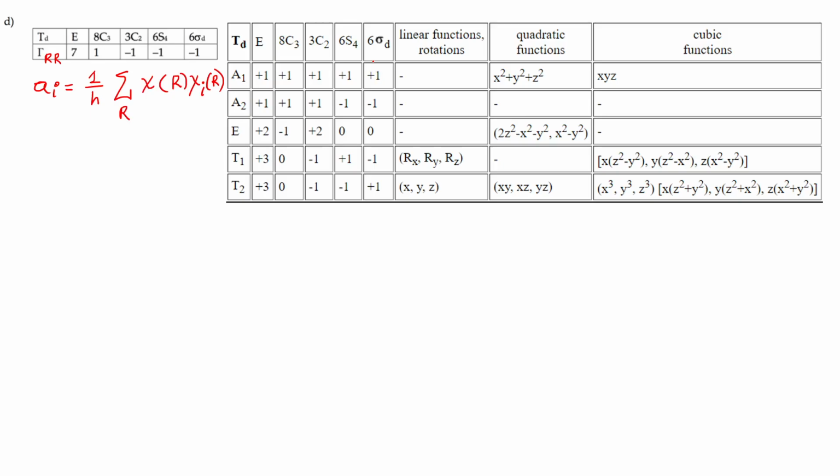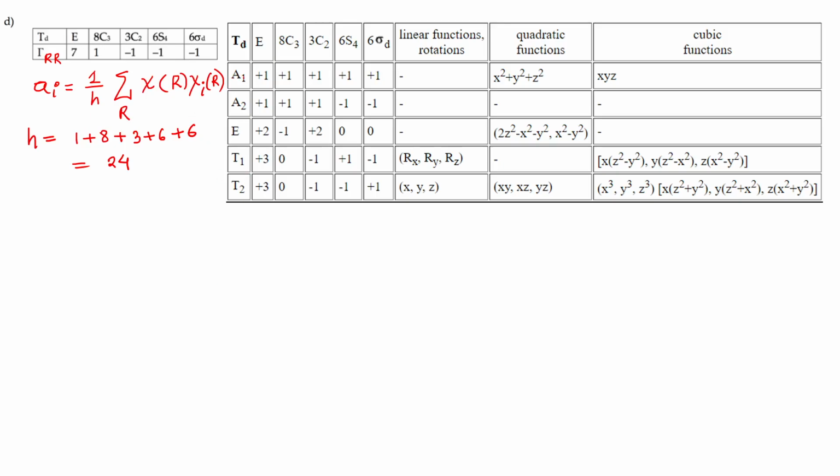What is the total number of operations, h? 1 plus 8 plus 3 plus 6 plus 6 is 24. The total number of classes is 1, 2, 3, 4, 5. So there are 5 classes.